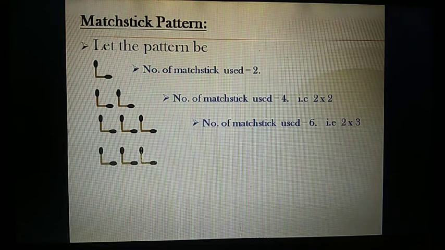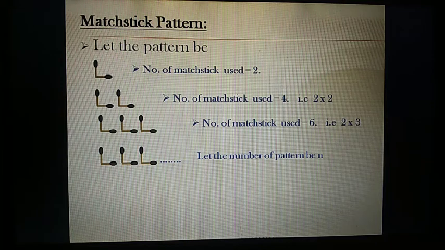Now if the number of patterns is not clear to you, there is a so-on condition. In such a case, we can assume that the number of patterns is n. If there are 2 patterns, we multiply 2 by 2. If there are 3 patterns, we multiply 2 by 3.